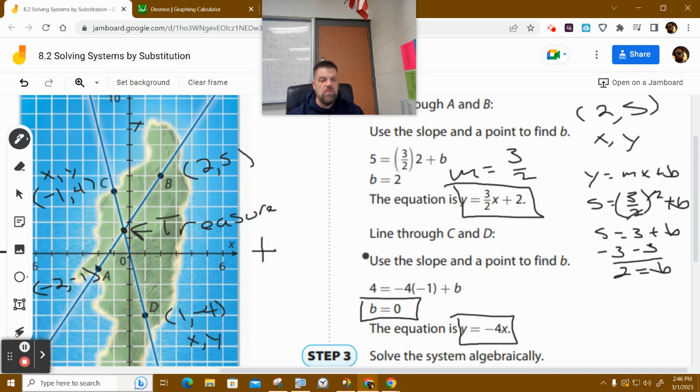So this point over here is negative 4 over 11, comma, positive 16 over 11.